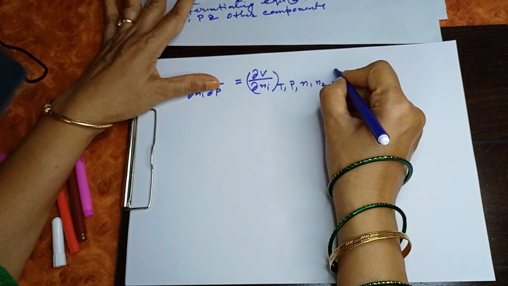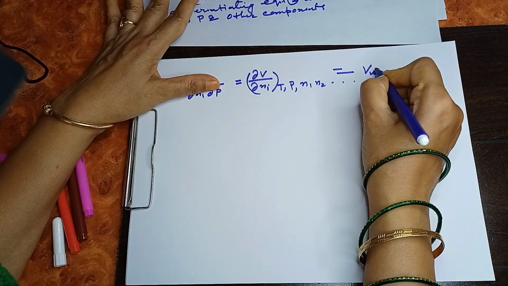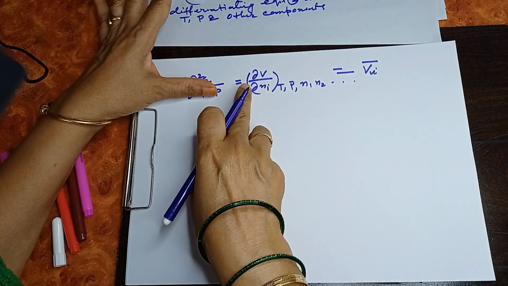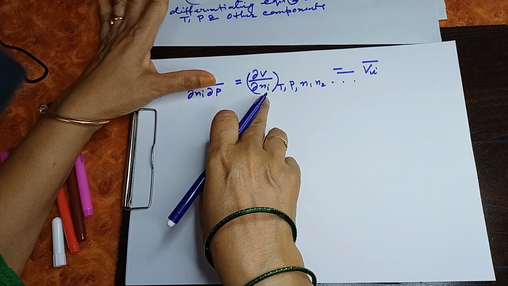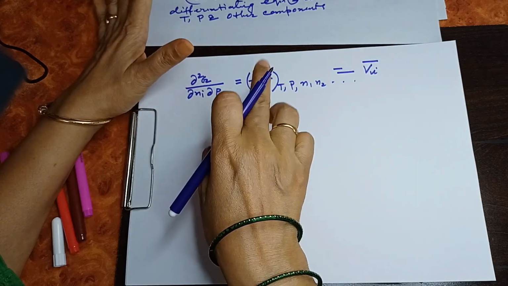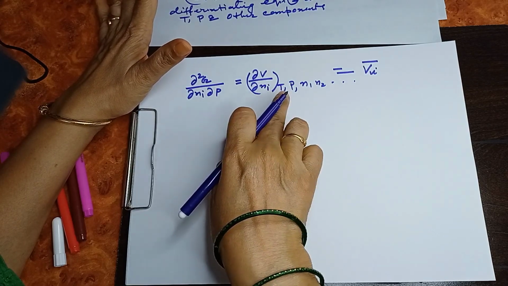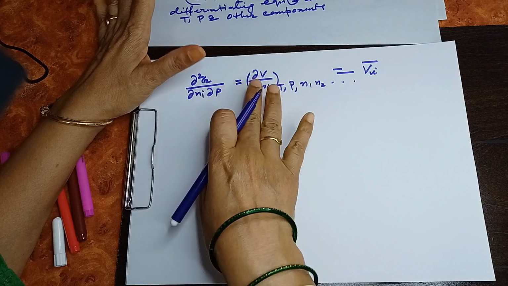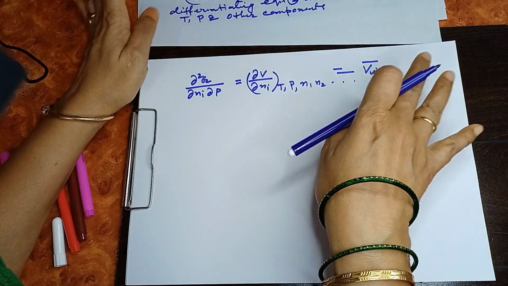This term is nothing but the partial molar volume of the ith component, because it is the variation of volume with respect to the number of moles of component i at constant temperature, pressure and composition of other components.